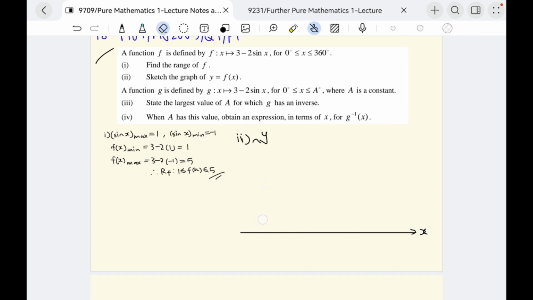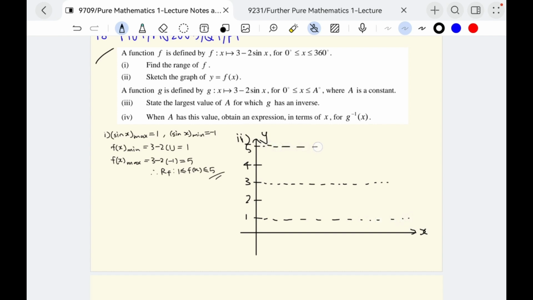No, I think this is way too short. Let's set here as 1, 2, 3, 4, 5, where 3 is the center line, and here is the sine graph, here is the cos graph. So finally, as you can see, the x inside the sine does not change, which means the period also does not change.